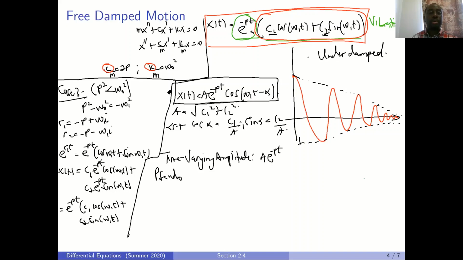which is not really a period because we don't repeat ourselves, but it's like a period, so pseudo period, which is 2 pi over w1. w1 is a circular frequency.